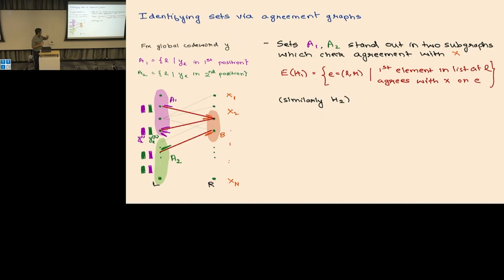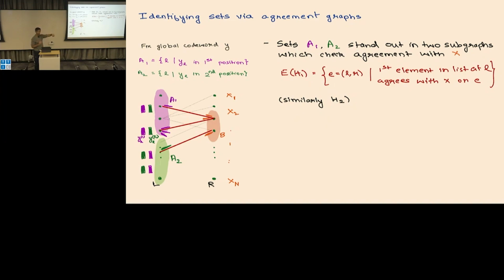Let's define the graph H1, where the first choice of the left vertex on that edge agrees with what we received on that edge. So this graph H1 is a graph, again, with the same vertex set, but possibly a subset of edges. We take an edge in H1 if my first choice seems correct, at least on that edge.